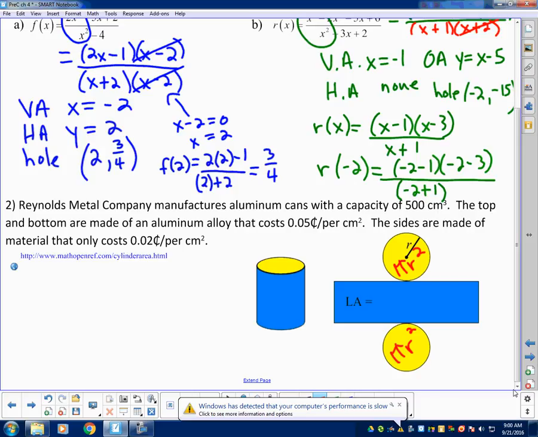So the pi r squared, the yellow parts there, happen to cost 0.05 cents per centimeter squared. So we have C of r, the cost equation, equals 0.05 times the sum of the 2 circular areas here, which is 2 pi r squared.